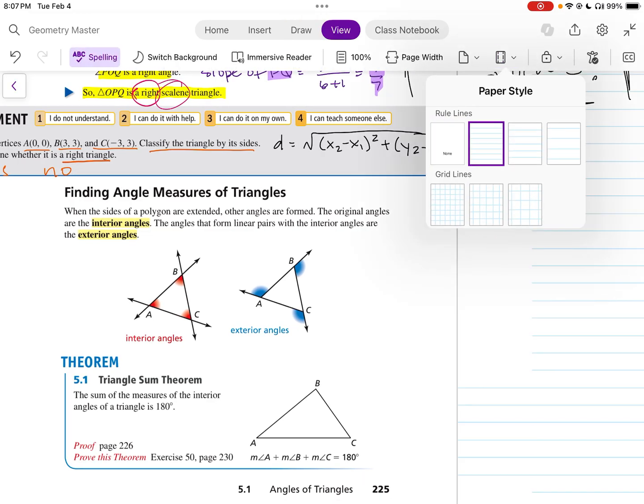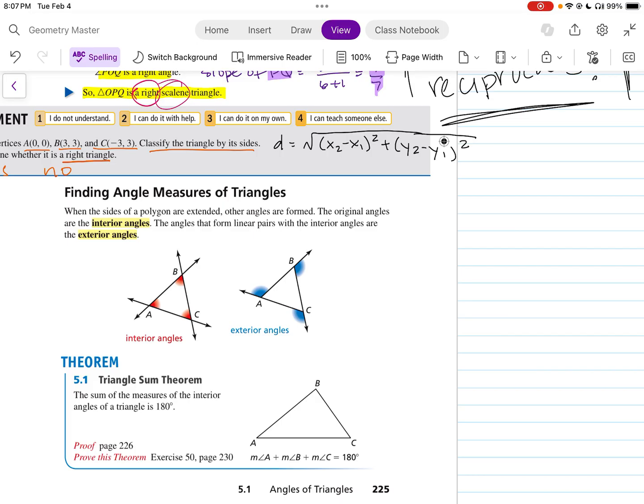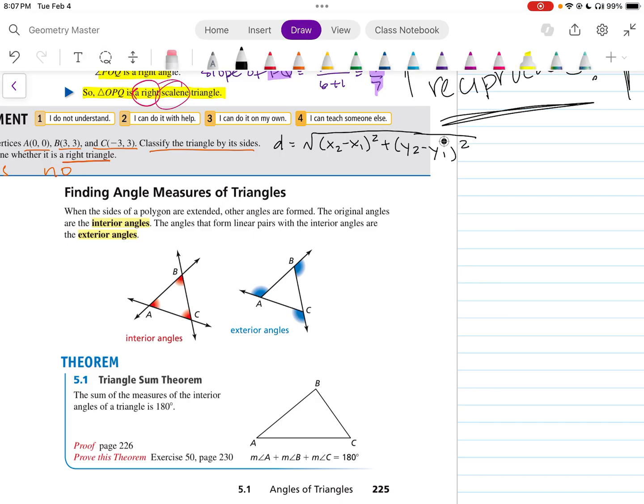All right, welcome back. I am going to show you those distances here on the side. Point A is (0, 0). Don't forget the comma. Point B is (3, 3), and point C is (-3, 3).